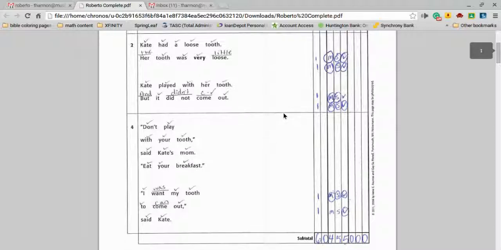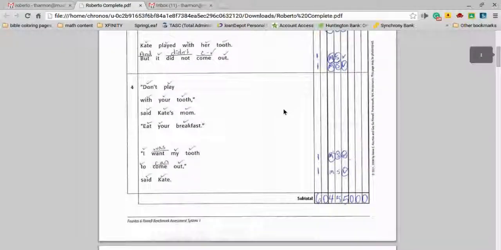Are there any visual similarities? No. So we would mark the M and the S. So, and it didn't come, so it didn't. So does it sound right? Yes. Does it make sense? Are there any visual similarities? Yes. So we mark all three, the M, the S, and the V.